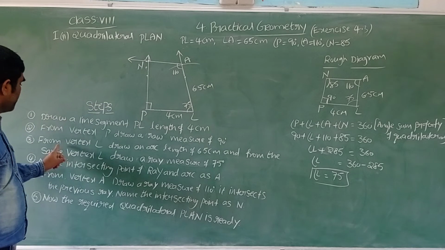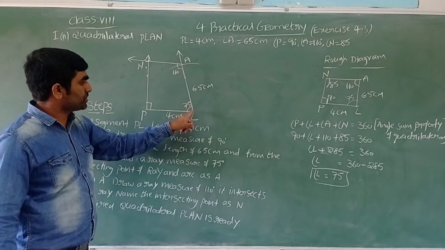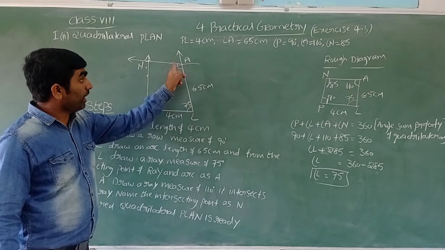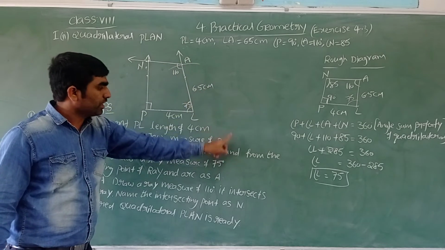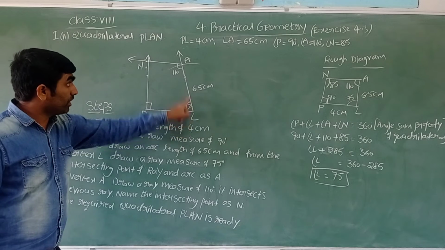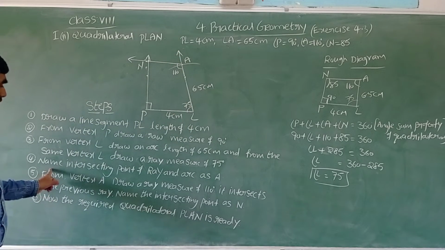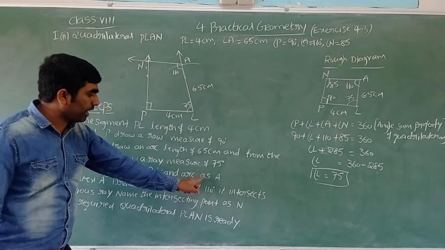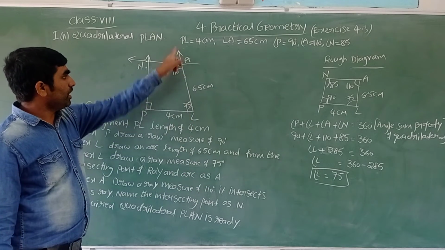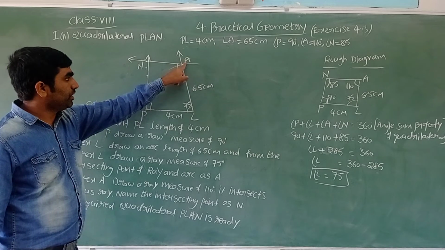From vertex L, draw an arc of length 6.5 centimeters. And from the same vertex L, draw one ray of measure 75 degrees. Name the intersecting point of ray and arc as A.